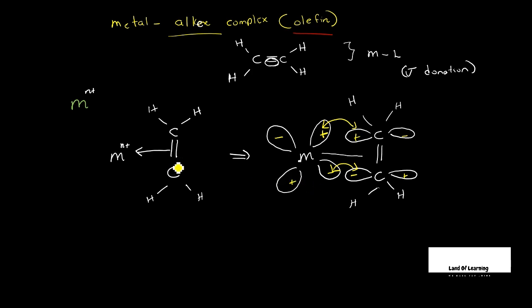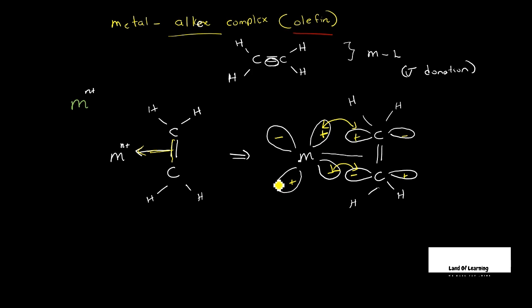First, our pi electron cloud donates its electrons towards our metal center. Then, if there are perfect conditions for back bonding, the t2g orbitals and the pi orbitals of our carbon will combine together to form the back bonding effect.